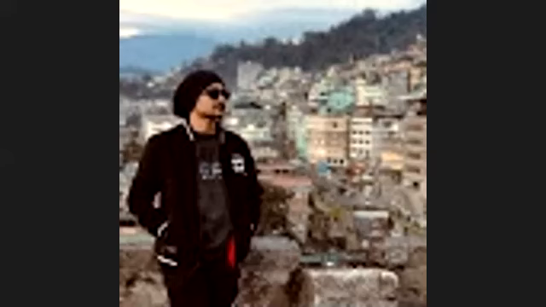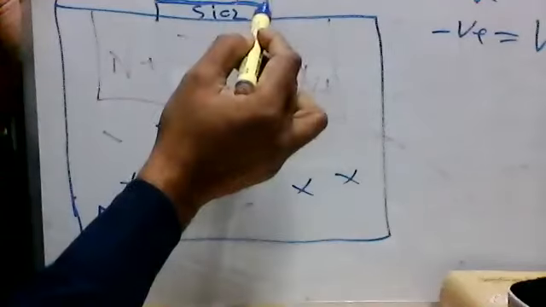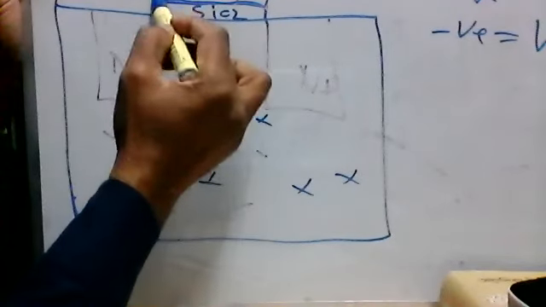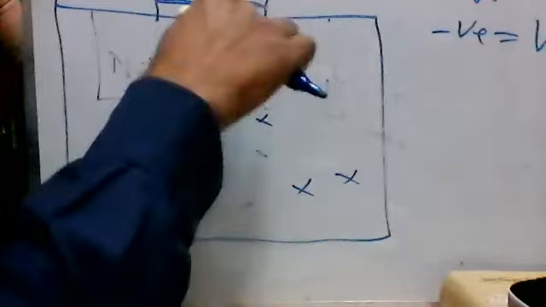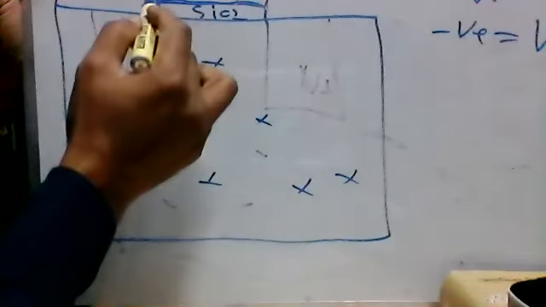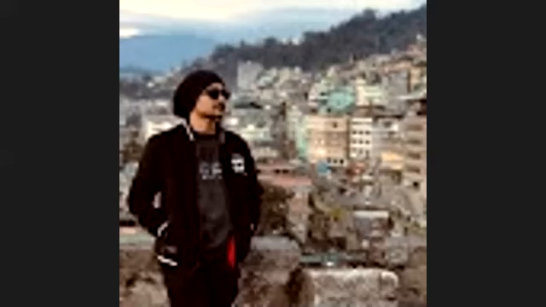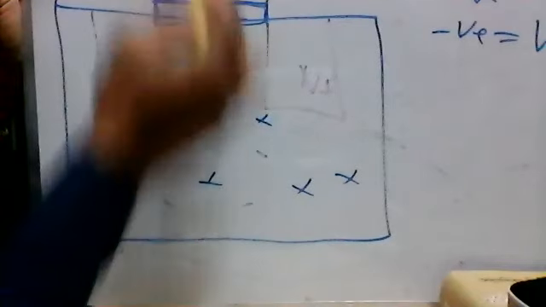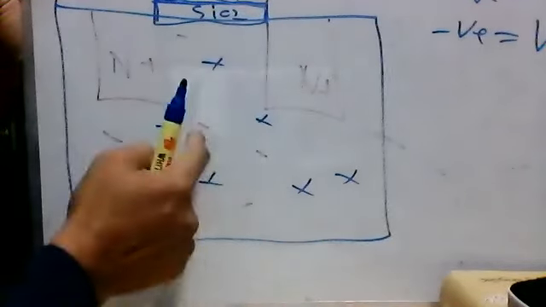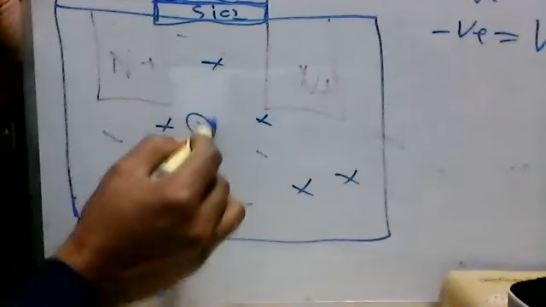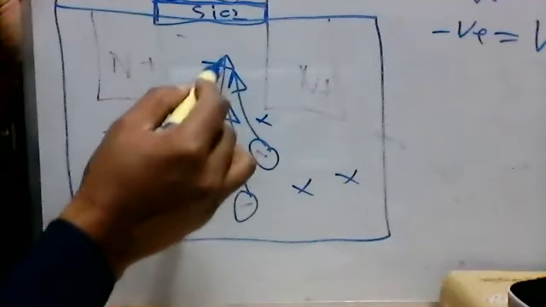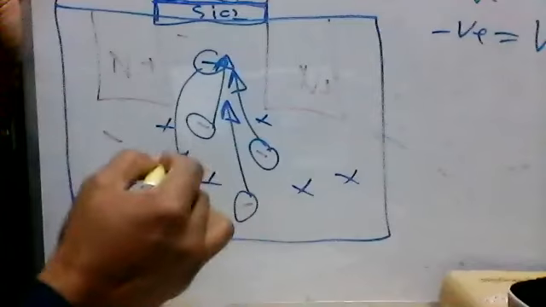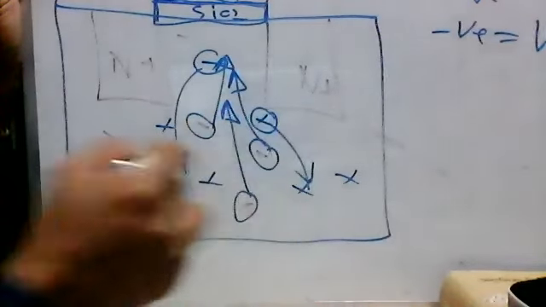So this whole poly will be positive, the whole thing will be positive. And now, because silicon dioxide, as I mentioned, is an insulator, the electrons cannot cross. But because of the positive voltage, these electrons will move up, and the positive ions will move down because of the repulsive force, right?